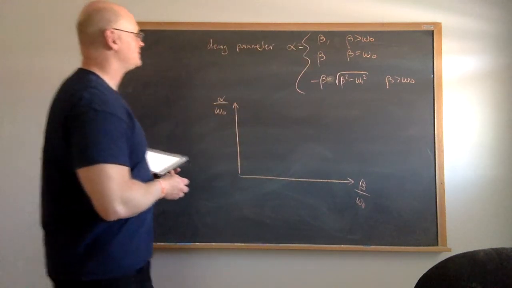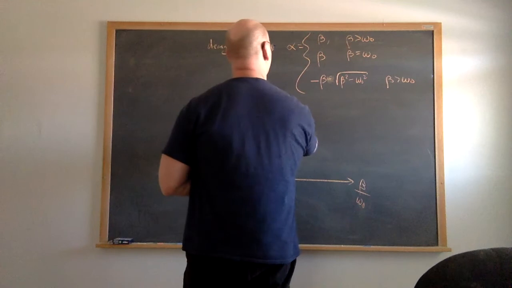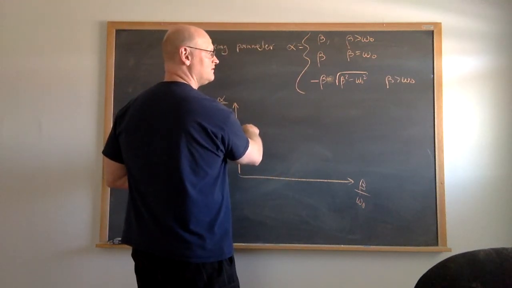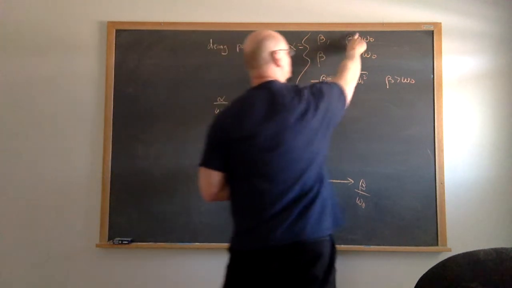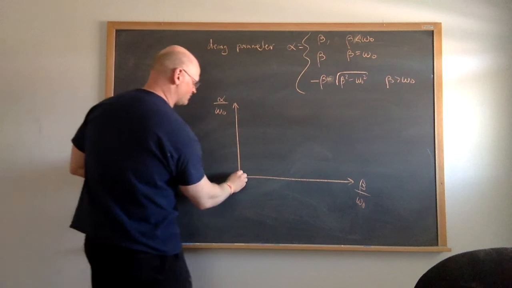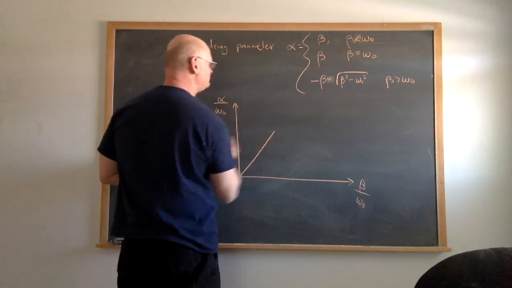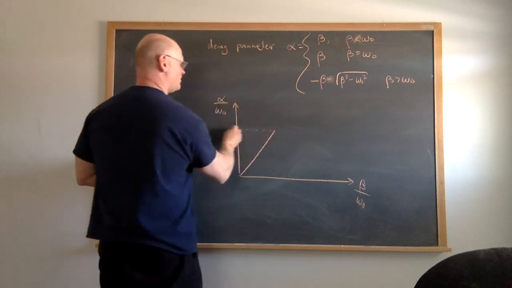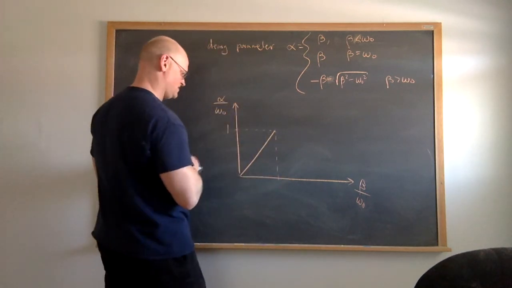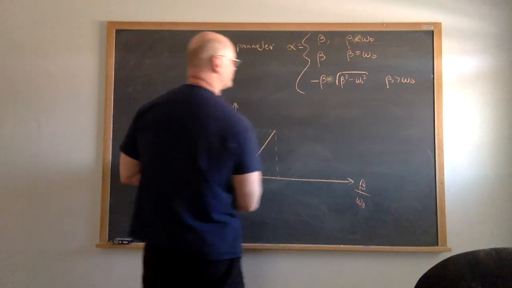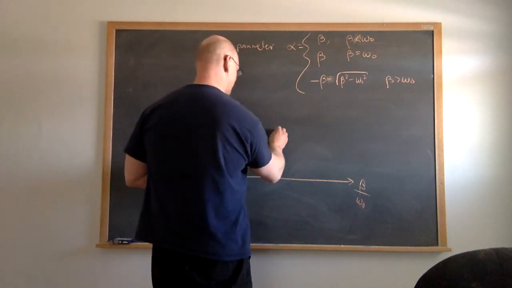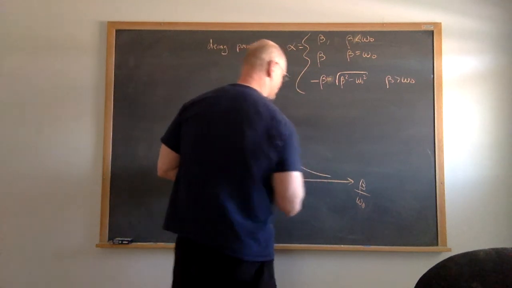So what's happening again, when beta is less than omega 0, this thing is growing linearly with beta until I get to 1, where this thing now reaches its maximum value. And then after that, it's going to decrease, and it decreases something like this.